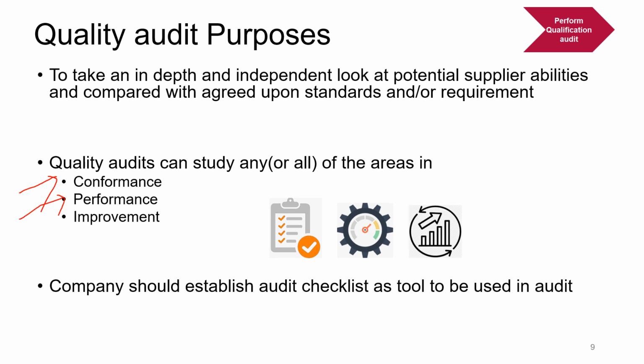In performance, we need to check whether the supplier has the capability to produce the required results by validating the process output. And finally, in improvement, we should look at the supplier's improvement program. Is it effective and functioning well to continuously improve the process?